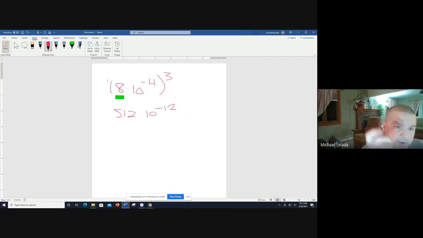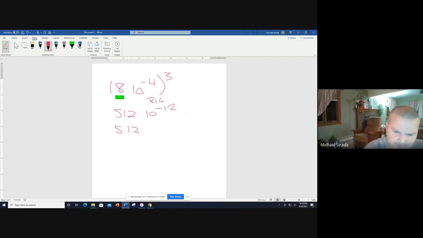Now it's the opposite. My 512 is too big, so basically I need to make that smaller. The 512 is going to become 5.12. But two things: number 1, I moved it 2 digits, and number 2, I made it smaller. So to compensate, now I'm working the opposite, so the exponent needs to be bigger.